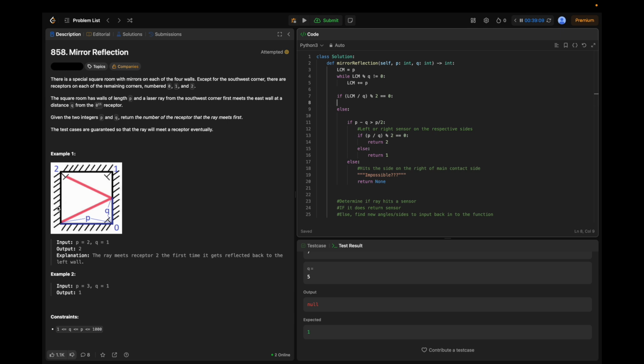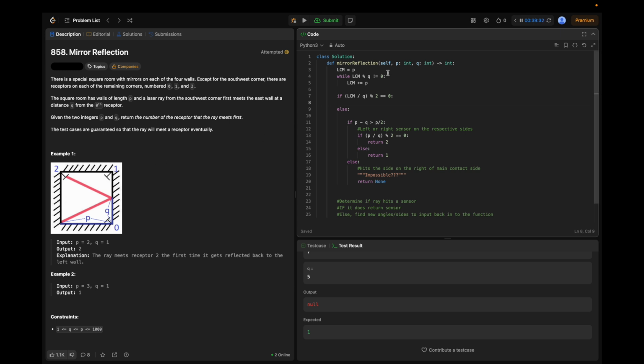So 5, 1, 4, 7. So yes, it travels 3 times because an LCM is 21, and 21 divided by 3.